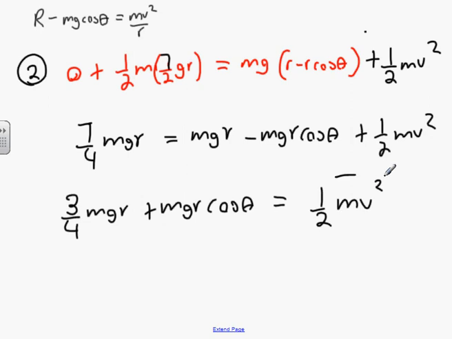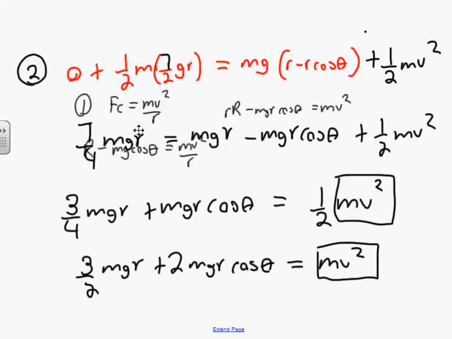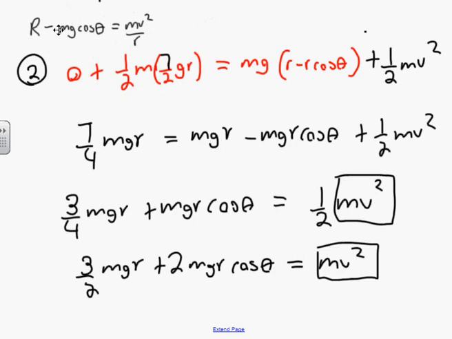You know my whole thing, I like to get the mv squared isolated. We'll cross multiply by 2: 3 over 2 mgr plus 2 mgr cos theta equals mv squared. The other mv squared is up here, isn't it? See the R minus mg cos theta? So all I have to do is write that underneath.